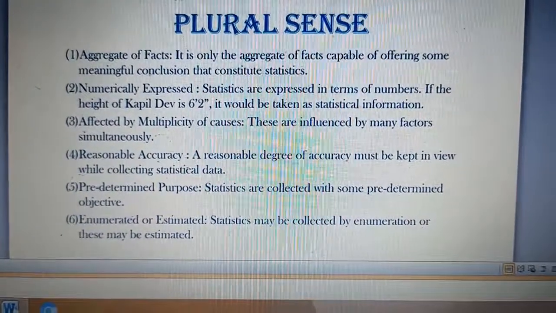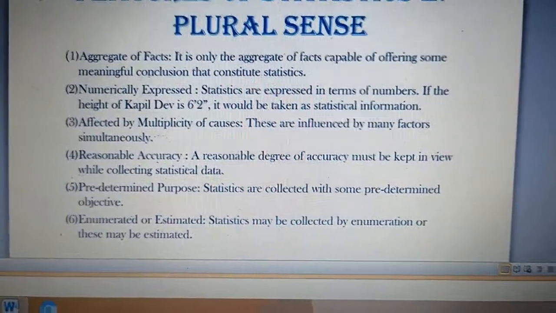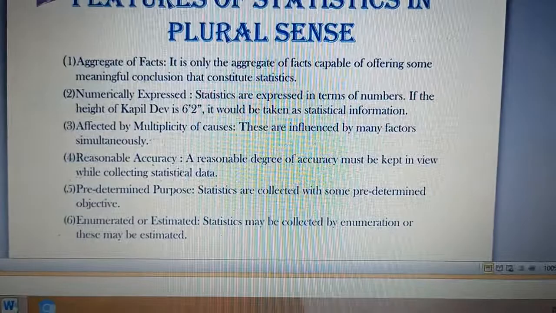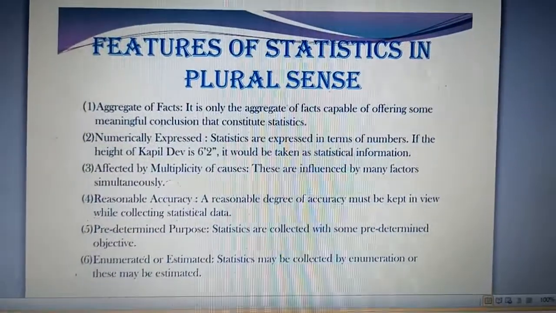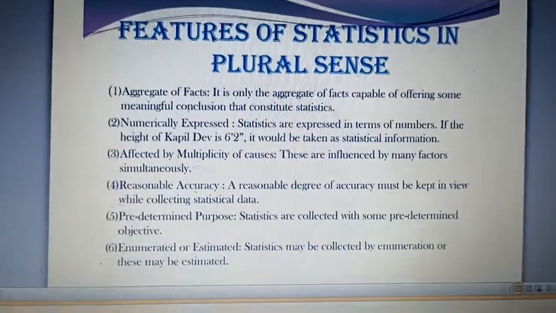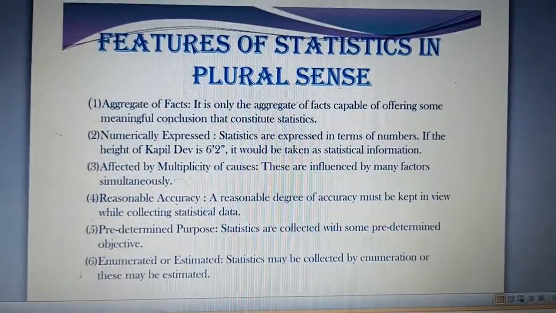Then reasonable accuracy. When we are collecting data, there should be a reasonable degree of accuracy. It doesn't mean that we are collecting and there is no accuracy. That doesn't make any sense. And then predetermined purpose. When we collect data, we always have a purpose. After that we collect data.